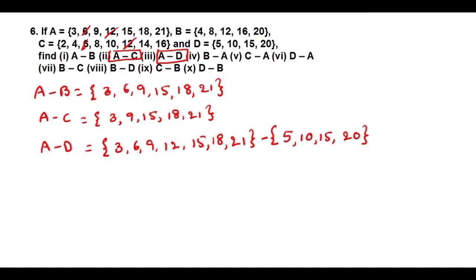Okay. Here 15 get cancelled. It is a common. Remaining it should not common. Then you can write all remaining set from first set. First set means that is from A. That is 3, 6, 9, 12, 18, 21. Okay. This is actual process, but here what I did, I have shown you direct answer.